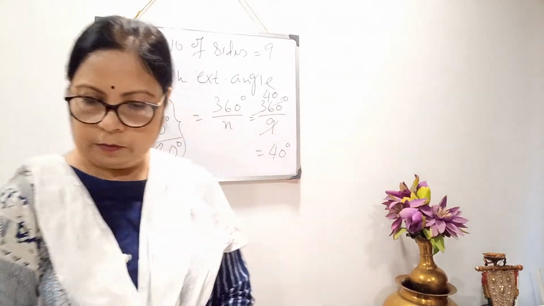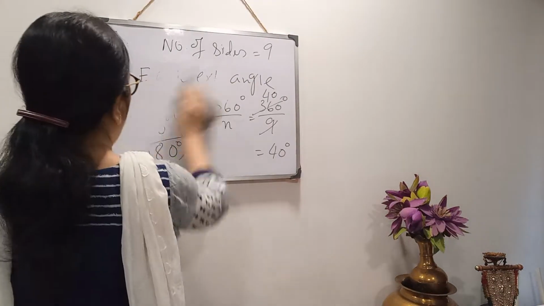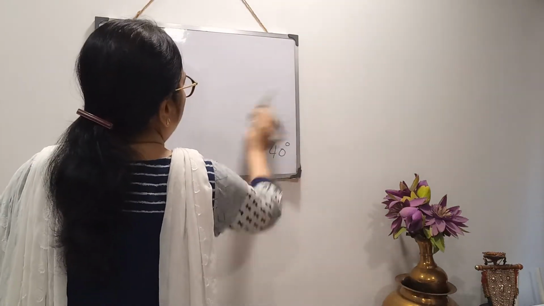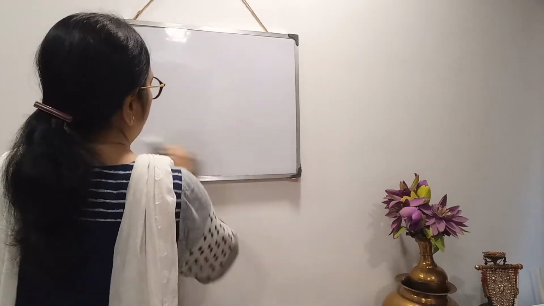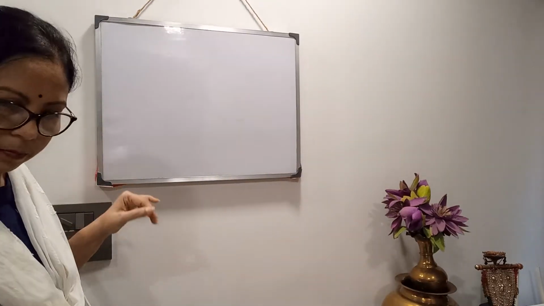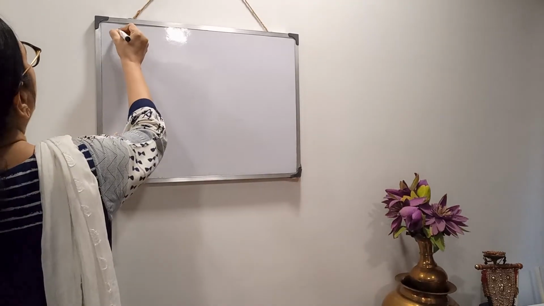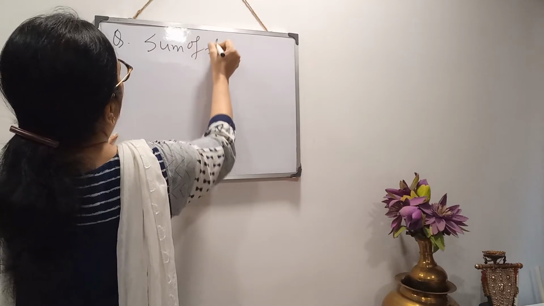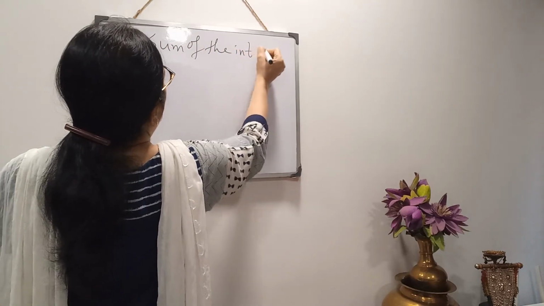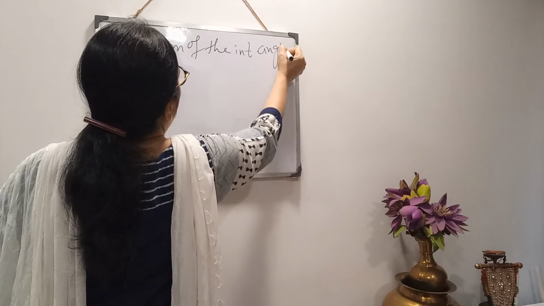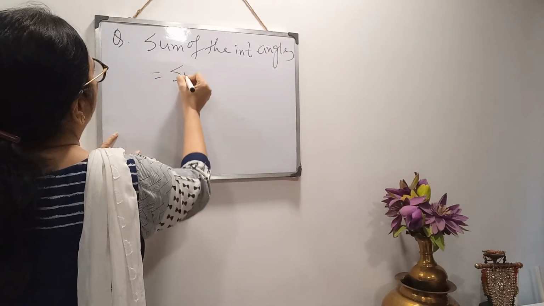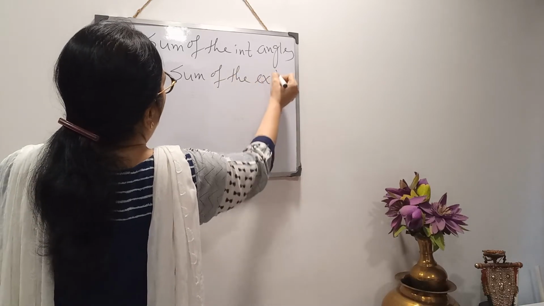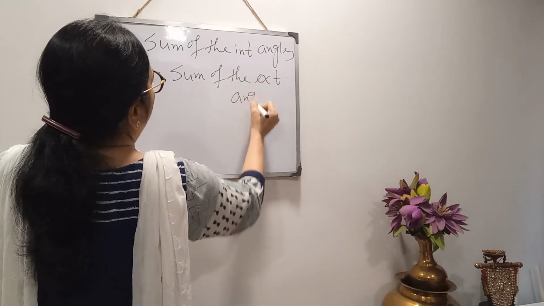Okay, so I am writing what information is given. It is told that the sum of the interior angles equals the sum of the exterior angles of a polygon.